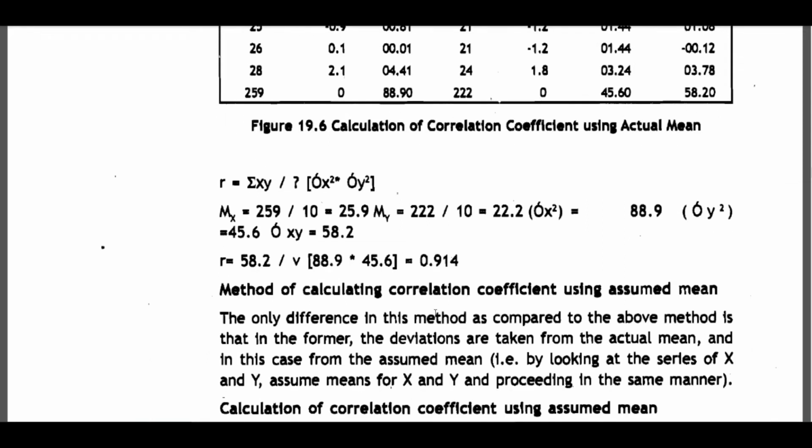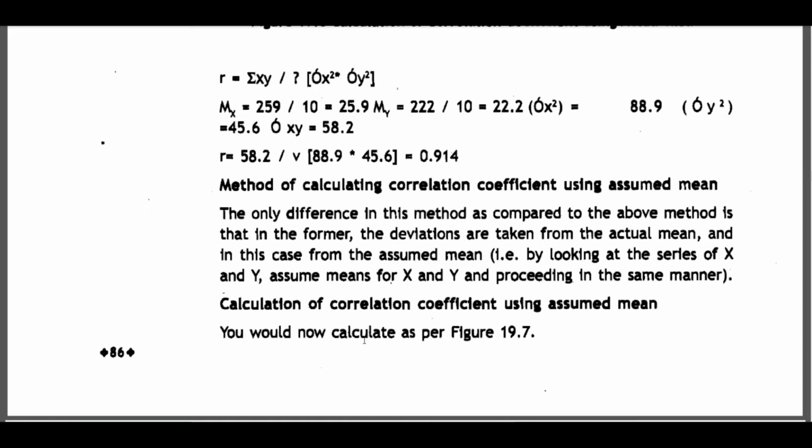Method of calculating correlation coefficient using assumed mean. The only difference in this method as compared to the above method is that in the former the deviations are taken from the actual mean, and in this case from the assumed mean. That is, by looking at the series of x and y, assume means for x and y, proceeding in the same manner.